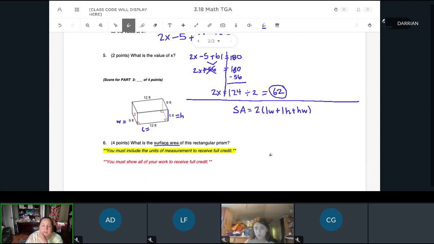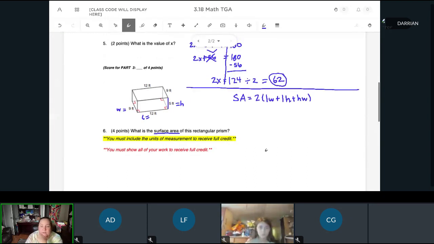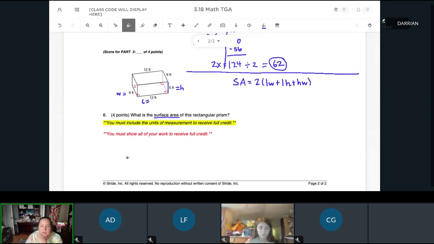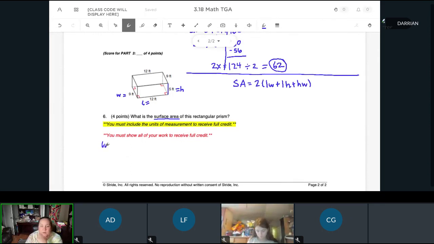All right, so now what we need to do is calculate length times width, calculate length times height, and calculate height times width. So I'm going to do that down here, just so I can break them up. So let's do length times width first. And that would be 12 times 9.